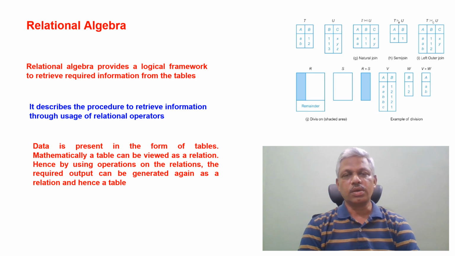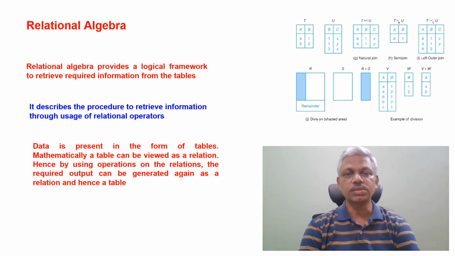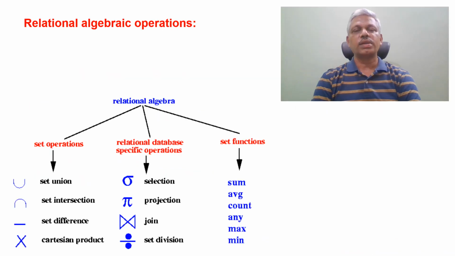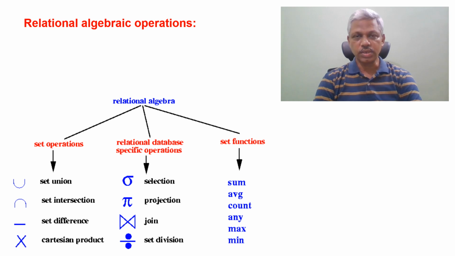So relational algebra provides operations that can be performed on the tables, called relations, to produce the answers. Since tables are treated as relations in mathematics, we have several operations like union, intersection, set difference, cross product, and division. These are the operations that we can perform on relations. Apart from that, to select specific rows, we have a select operation.